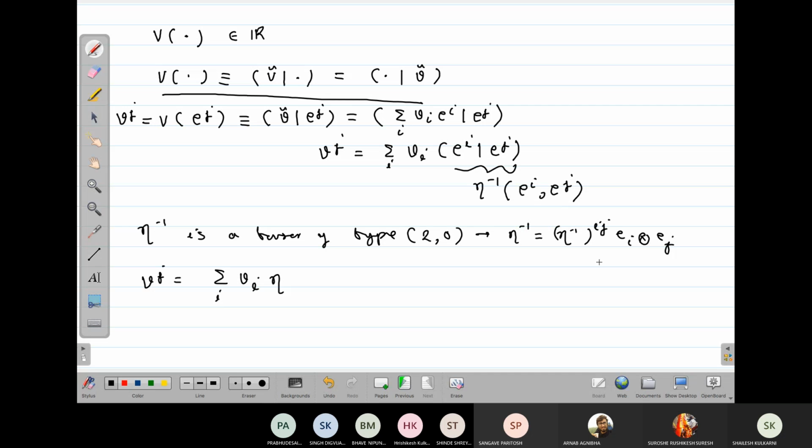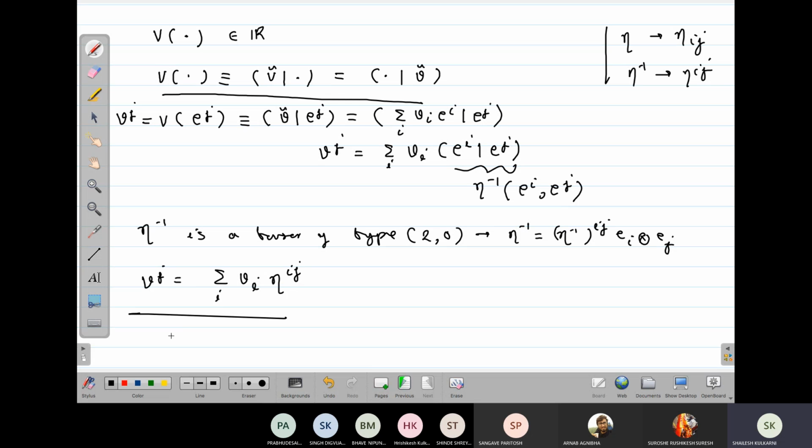Now you act on this, so you will get only eta inverse ij. But instead of writing eta inverse ij, I will just write eta upper ij. I don't have to write inverse because components of eta are eta ij and components of eta inverse are eta upper ij, so they are anyway distinguished. So v upper j equals summation over I v i eta upper ij.